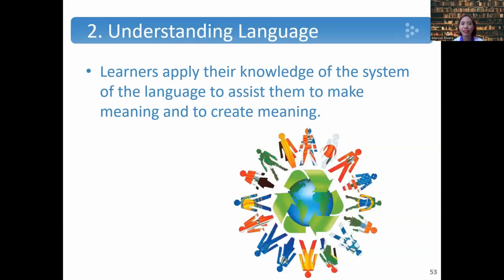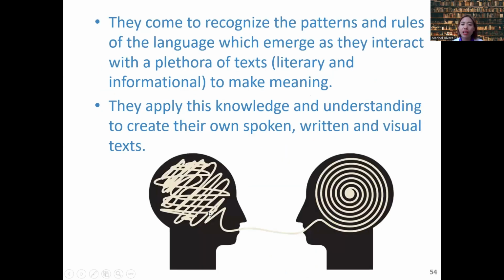Learners apply their knowledge of the system of the language in order to make and create meaning. So what you learn about a language, its system, the rules and such, you have to apply so you could make and create meaning. And then they come to recognize the patterns and rules of the language, which emerge as they interact with a plethora of texts, literary and informational, in order for us to make meaning.